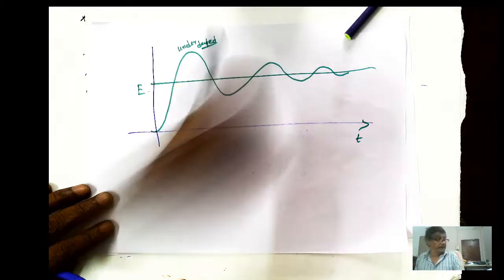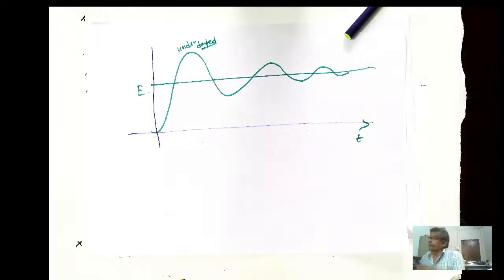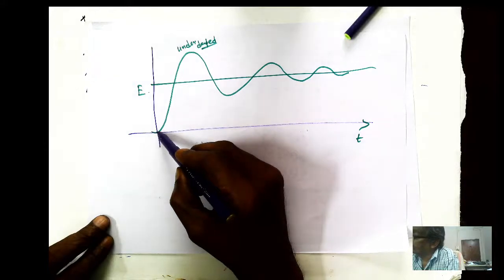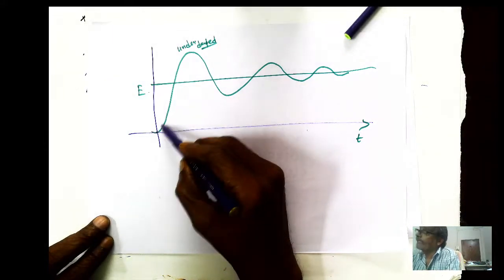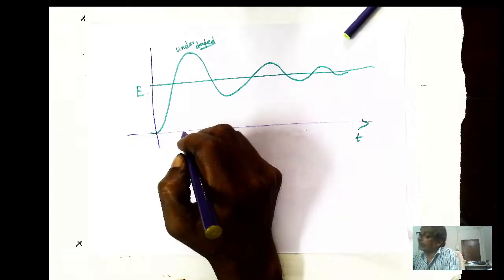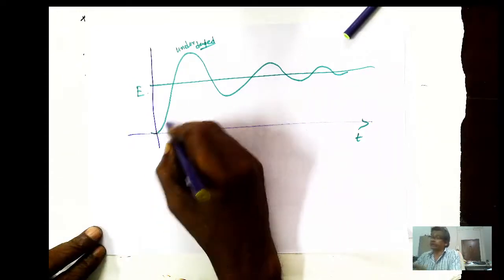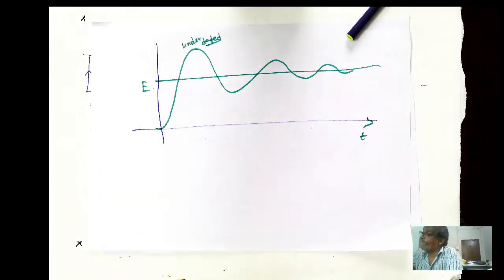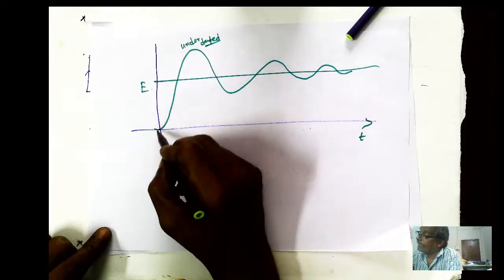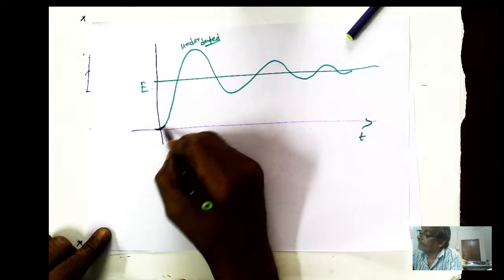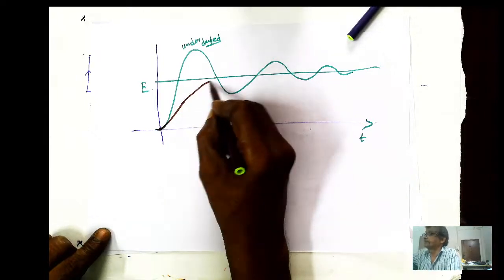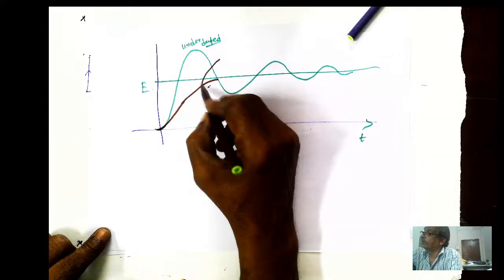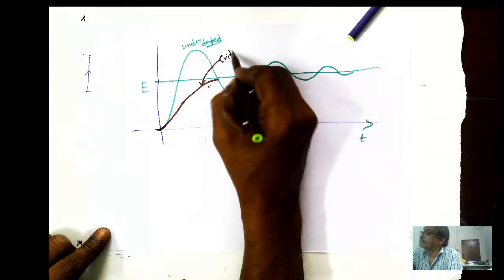Then you can have the critically damped case, when the roots are equal.